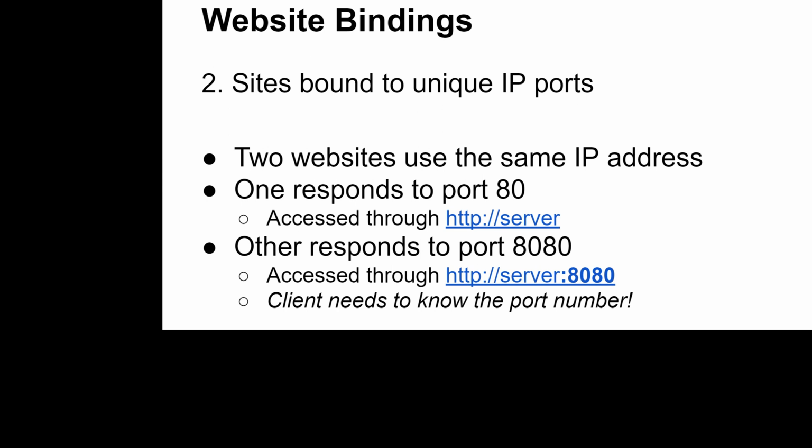It looks kind of ugly. Typically as humans, we can remember the domain name, google.com, but we don't often remember the port numbers. If we said, hey, in order to use Google, you have to go to google.com:1234, I don't think we'd remember the 1234.